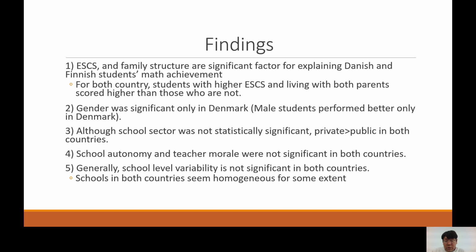Number four, teacher participation and teacher morale were not significant in both countries. This is sad for us, but these are the findings. Finally, generally, school level variability is not significant in both countries. Schools in both countries seem homogeneous to some extent. Okay.